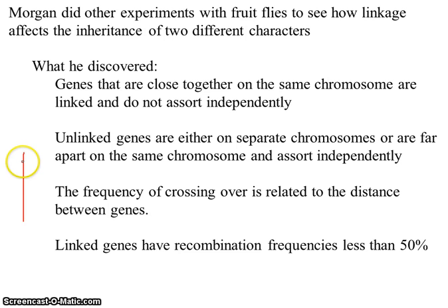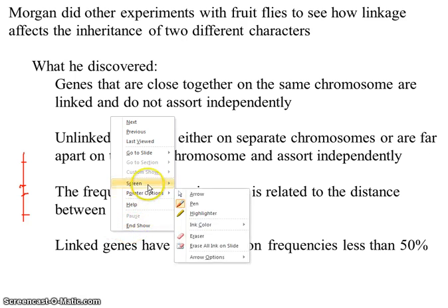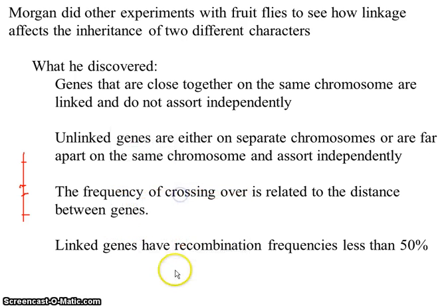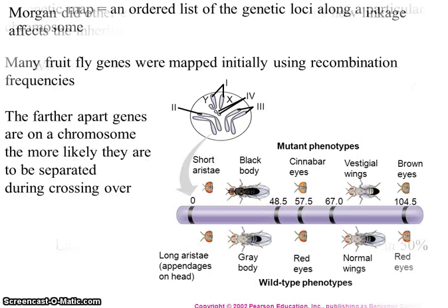So if I had a gene up here and a gene up here, these two are more likely to be crossing over than a gene that's here and here, because I'm probably not going to cross over right in the middle. And so, going back, linked genes have recombination frequencies less than 50.